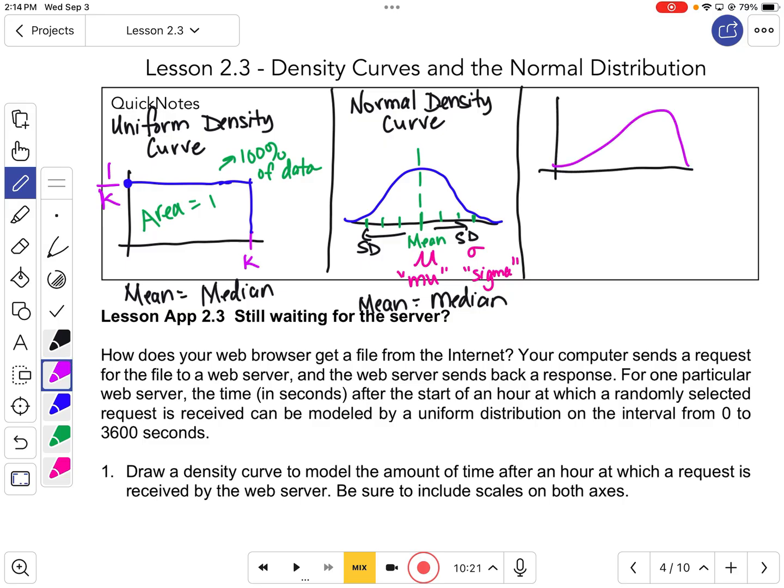You've got them on the front, but I'm just going to put them in one spot. You got your left and your right. Median and then mean. The other way, mean and then median.